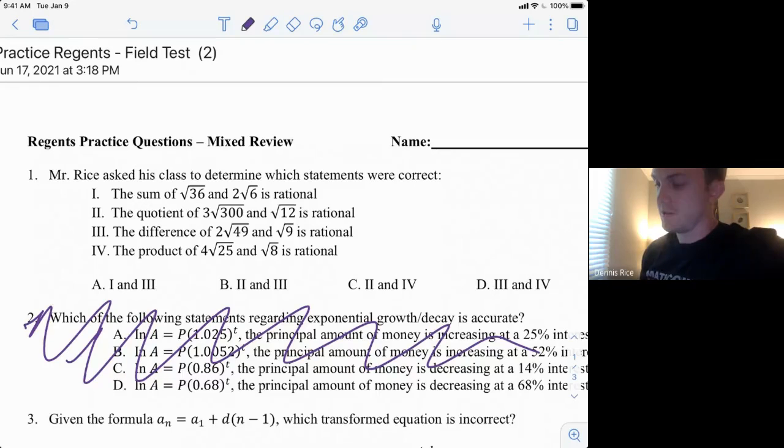Okay, so obviously this is testing rational versus irrational ideas, knowing some vocab as well: sum, quotient, difference, product. We have our four key operations.